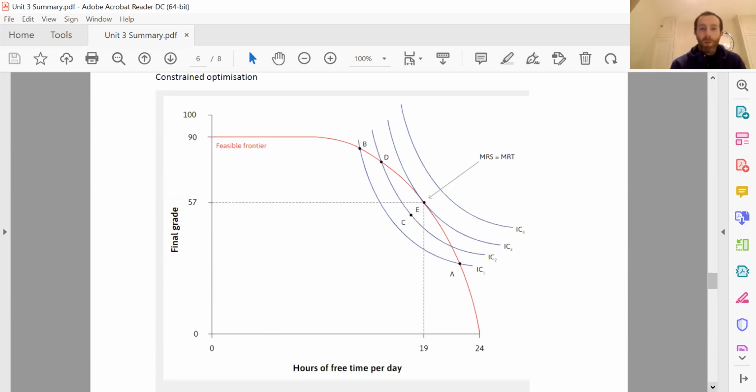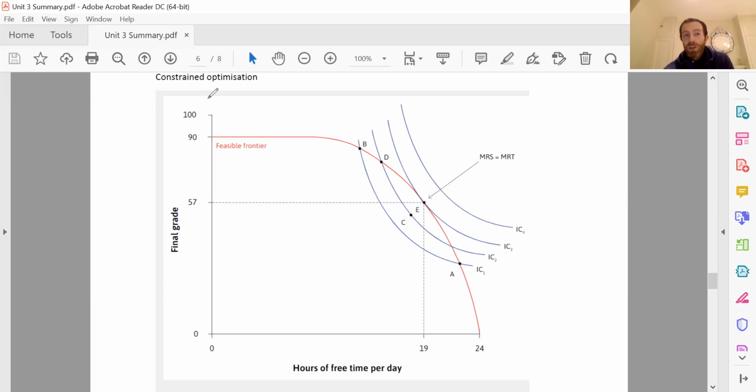So remember that these blue lines represent indifference curves, right? And the further the blue curve is from the origin, the higher the level of utility. So obviously to maximize utility, Alexei wants to be on the highest possible indifference curve that he can be. But Alexei is constrained.